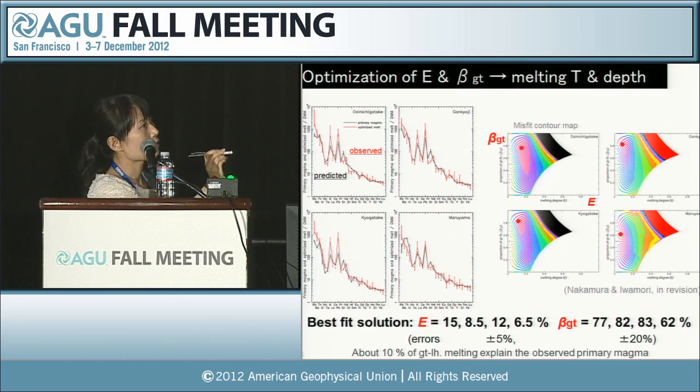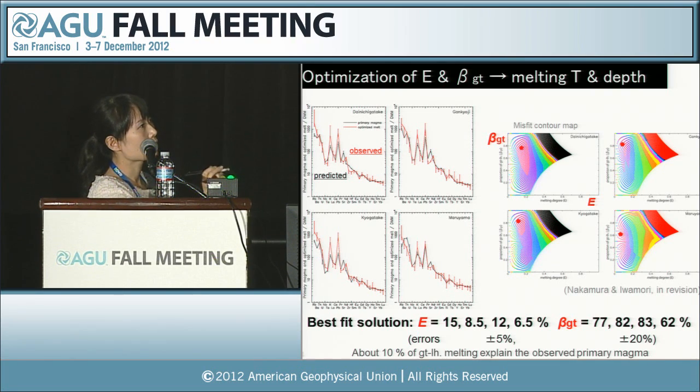The left figure shows red and black lines corresponding to predicted and observed melt composition, which coincide well for each volcano.